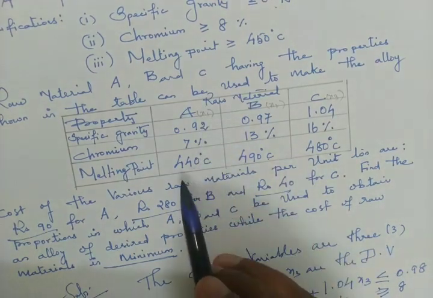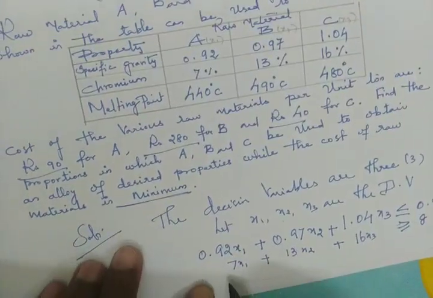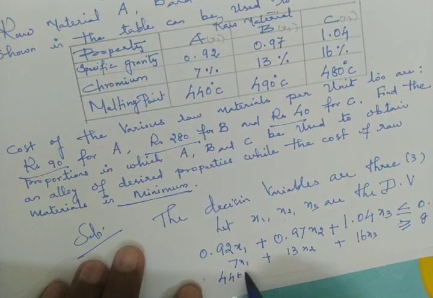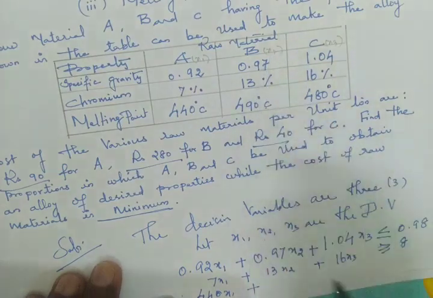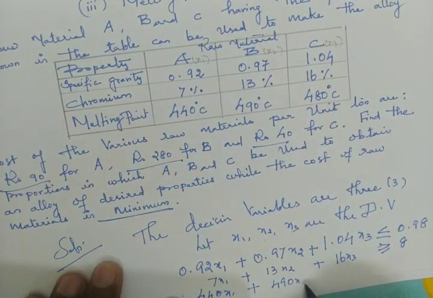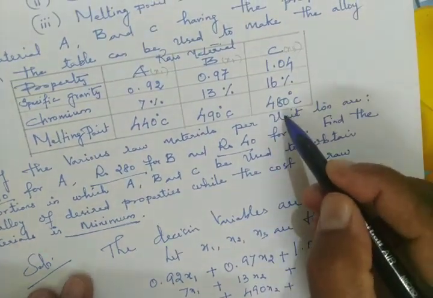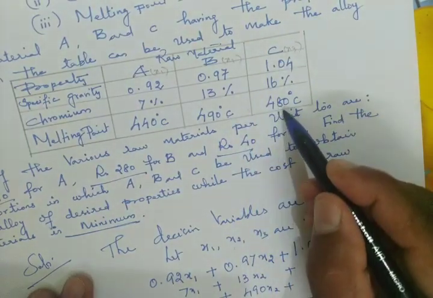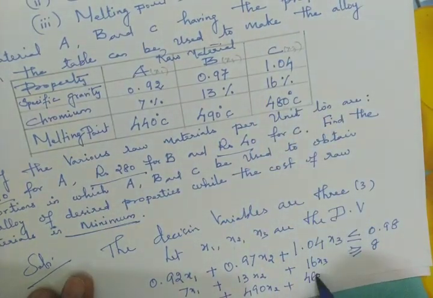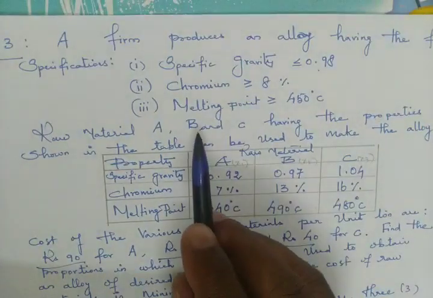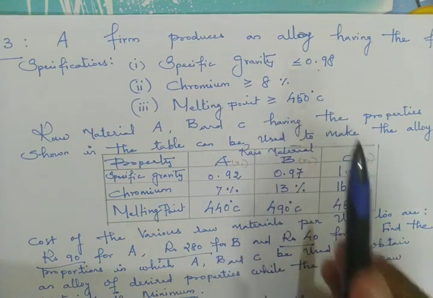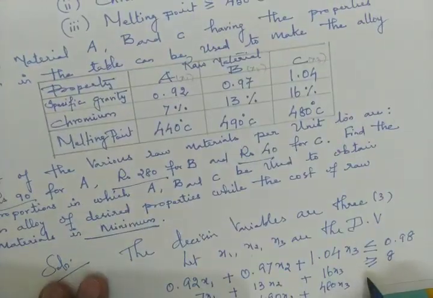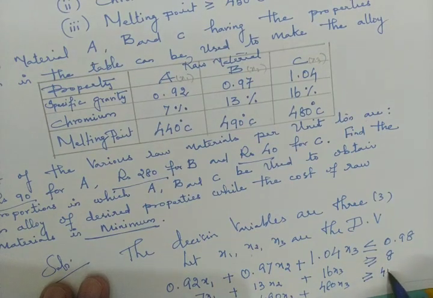For A it is 440 degrees Celsius. So 440 into x1 plus 490 into x2 plus 480 into x3. For melting point the inequality is greater than or equal to 450, for the third constraint.